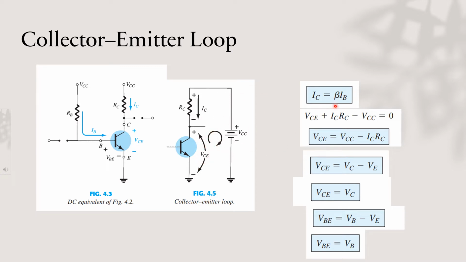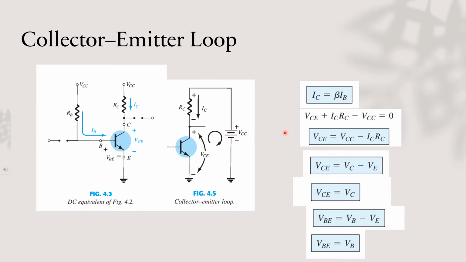For the collector emitter loop, making use of the presence of beta, since it is an amplifier, we have a given beta here. So IC equals beta IB. This is a standard formula for the fixed bias configuration: IC equals beta IB.